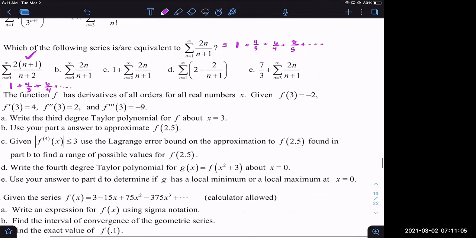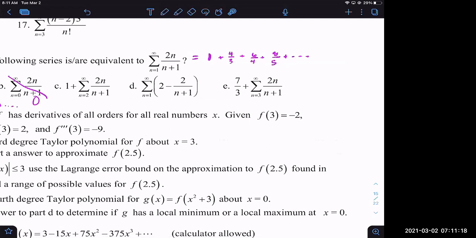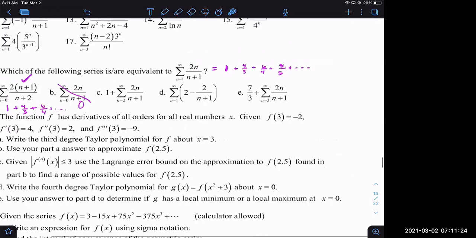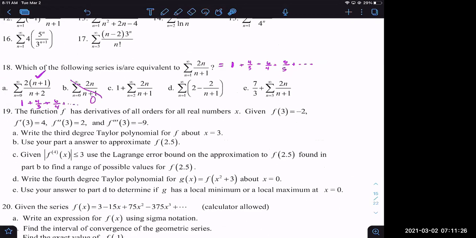Okay, if we do this one, we start with 0. If we plug 0 in, what do we get out? What's the first term? 0. So that one clearly is not the same because the first term doesn't match. This one, if we plug in 2, did I mess up? Yeah, Nathan. B, it's the same function. It just starts at 0.